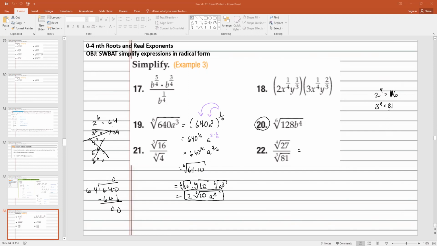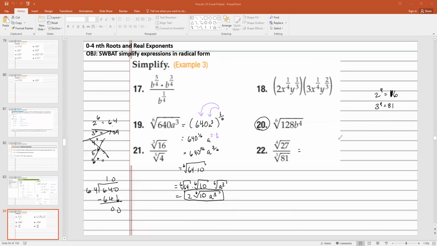So there's no 4th root of 27. Because of that, we can't really do anything with that.